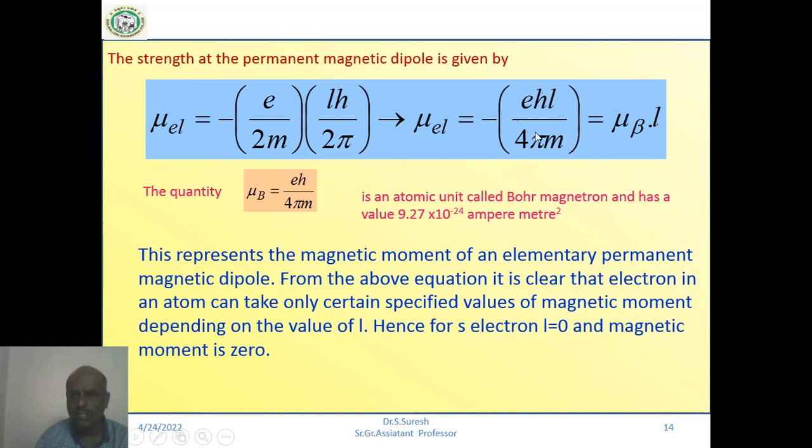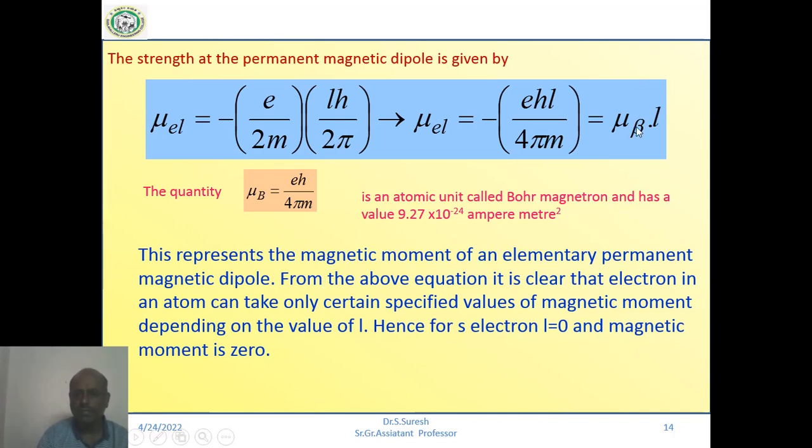This quantity e h by 4 pi m we call the Bohr magneton mu B, where mu B is equal to e h by 4 pi m, and its value is 9.27 into 10 power minus 24 ampere meter square. This represents the magnetic moment of an elementary permanent magnetic dipole.